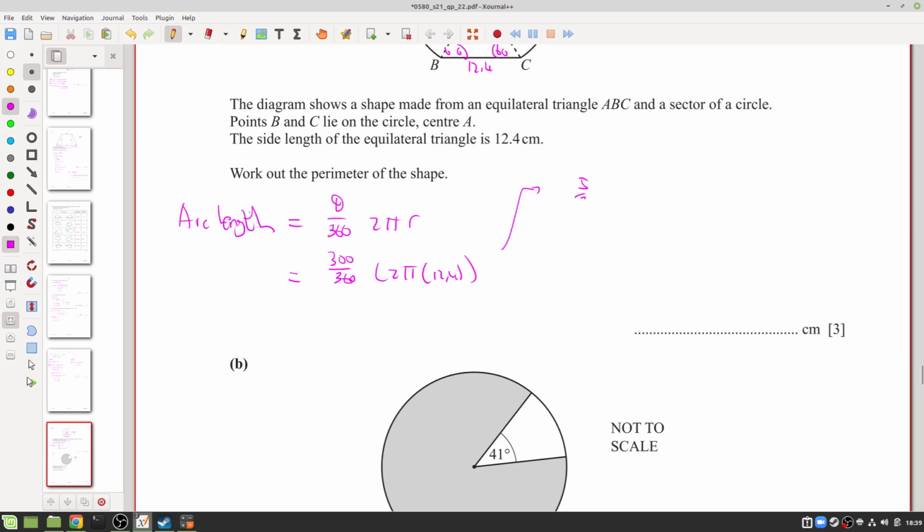Okay, so 5 over 3 times pi times 12.4. Can we simplify this a little bit more? 12.4 divided by 3 is going to be 4.13. 5 times 12.4 is 62. That's 62 over 3 pi. Okay, 62 over 3 pi.